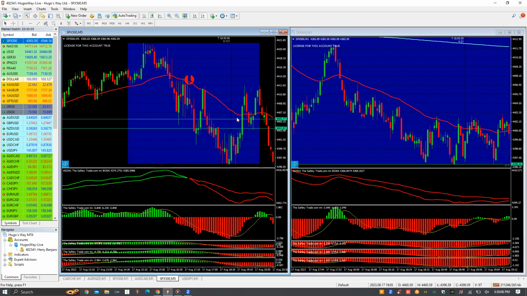Now, here's the great thing about this trading. The distance between this top line and this bottom line is about 3 points. You could tell the broker to charge you $1 per point, $10 per point, $100 per point, $200 per point.